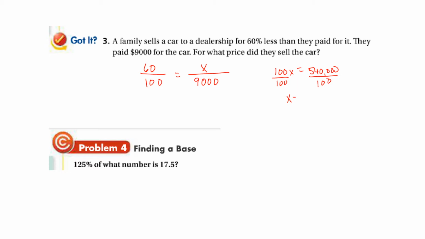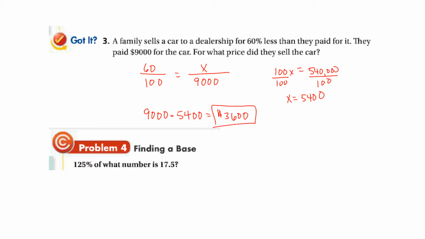And I get x equals 5,400. So 5,400 is 60% of the 9,000. So I need to take that 9,000, subtract that 60%, and I end up showing that they sold the car for $3,600.